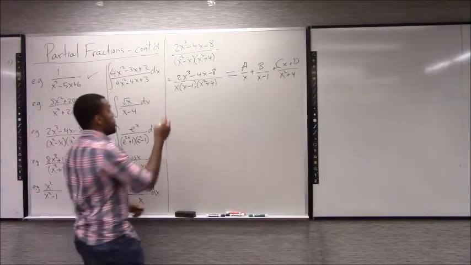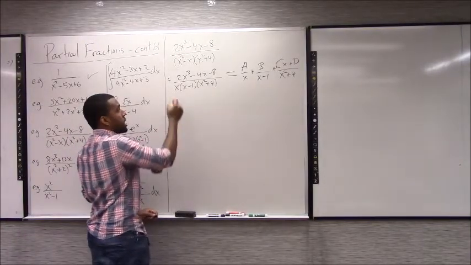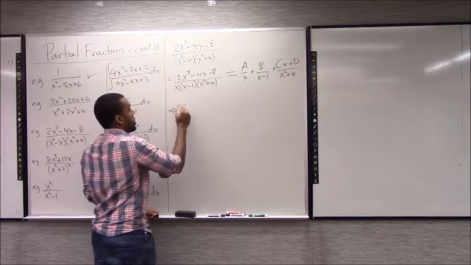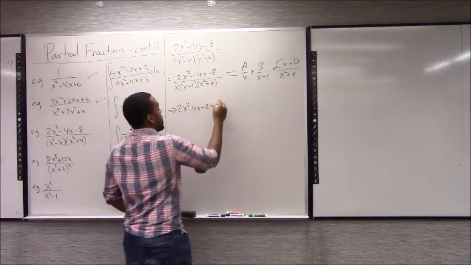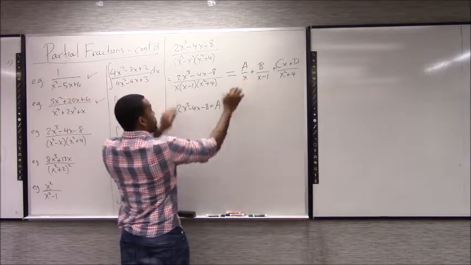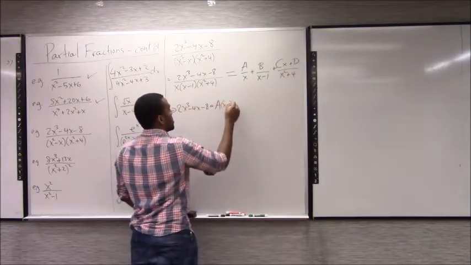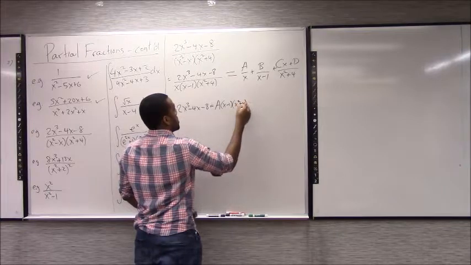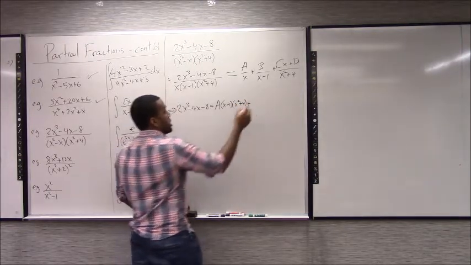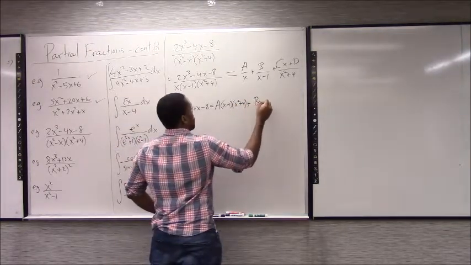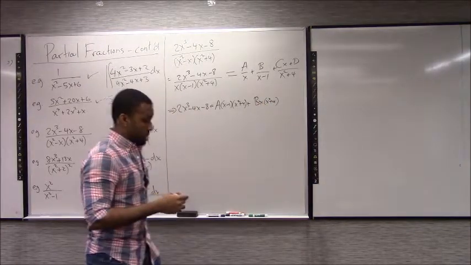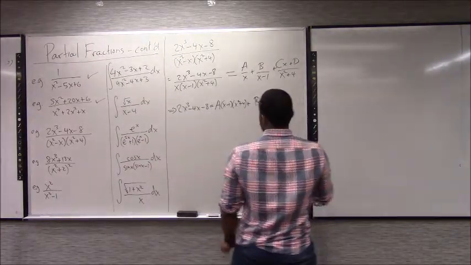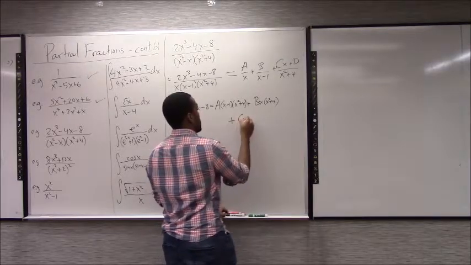And so what we do is we multiply both sides by the denominator of this guy, so we end up with 2x cubed minus 4x minus 8 is equal to A times, the x's would cancel. In the case of the B, the x minus 1 would cancel. And in the case of the Cx plus D, we'll need another line here.